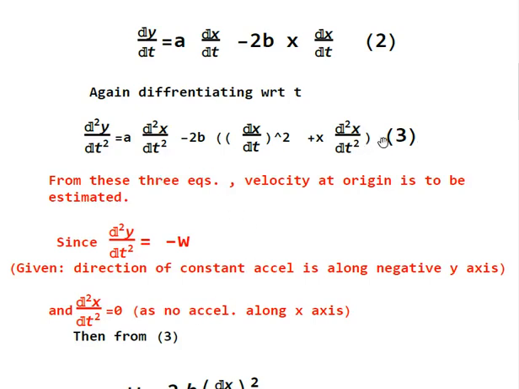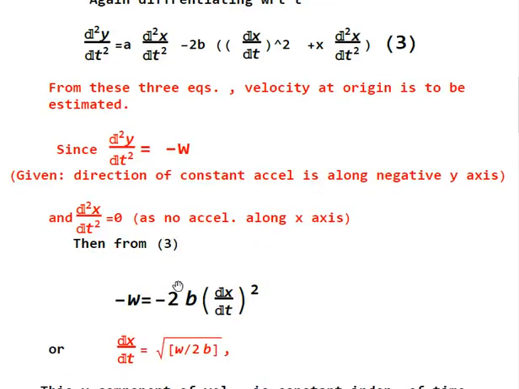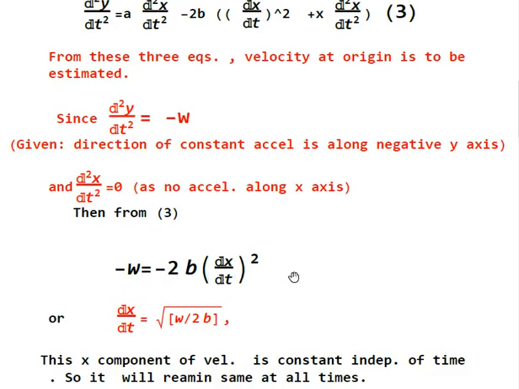So in the third equation, we can put d²y/dt² as -w, and d²x/dt² goes to 0, and here this also goes to 0. So what is left? -w = -2b (dx/dt)², this term. So from this we can find out dx/dt = square root of w/2b.